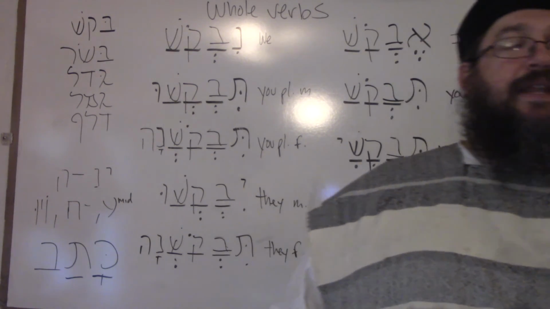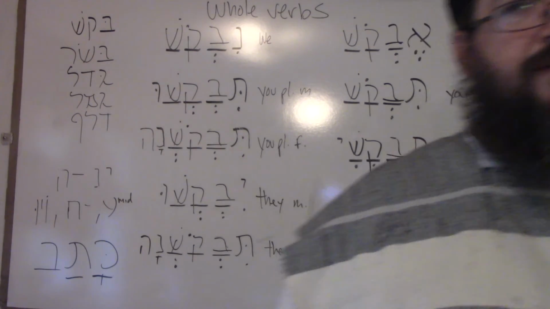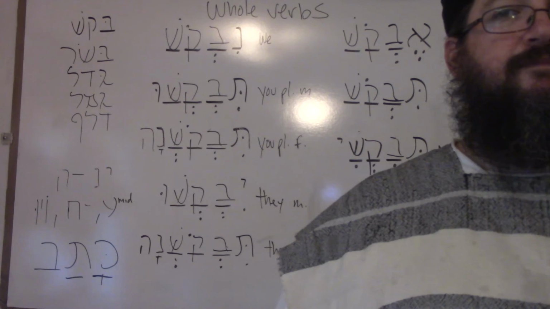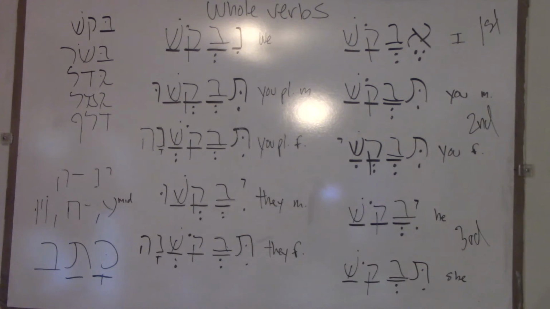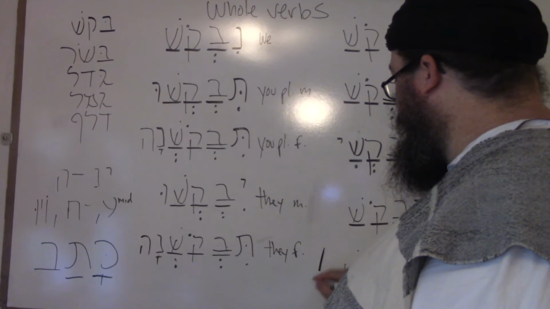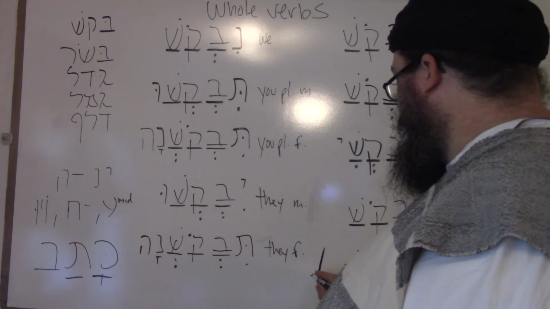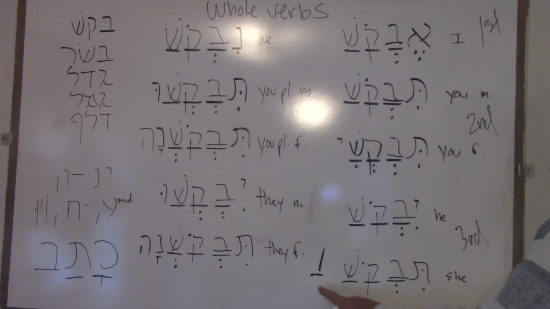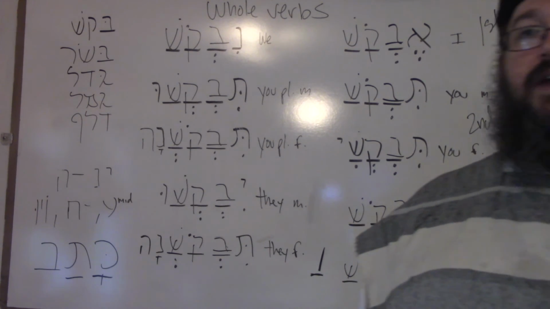If we want to look at this and put any of this into the Vav conversive form, all we have to do is remember one major rule. If we were to place a Vav in front of any of these roots, these forms I should say, and we put a patach underneath it, we immediately have a Vav conversive.